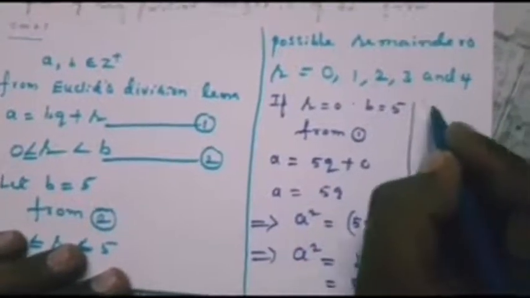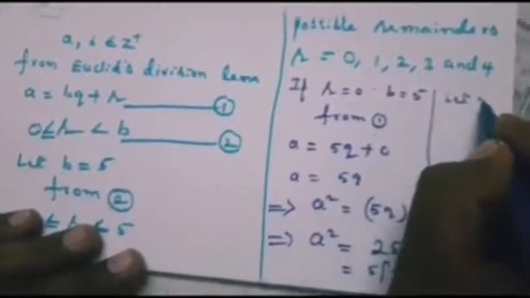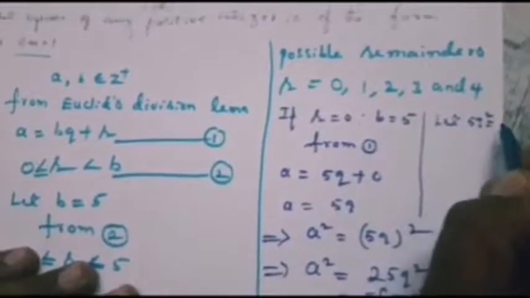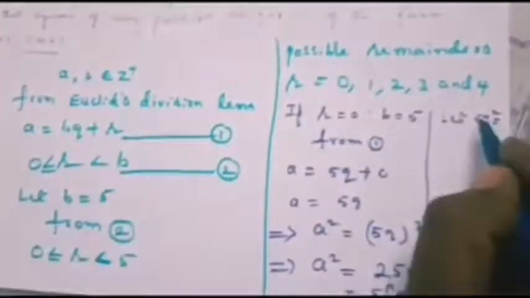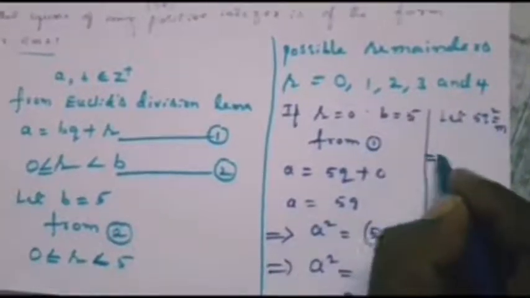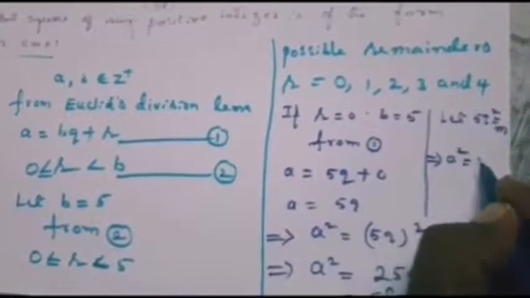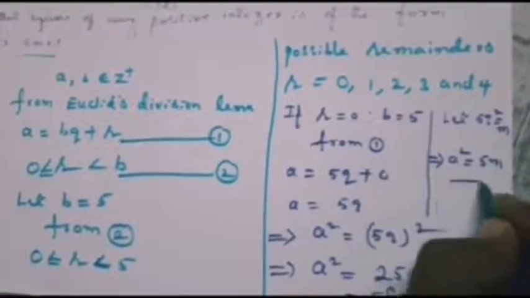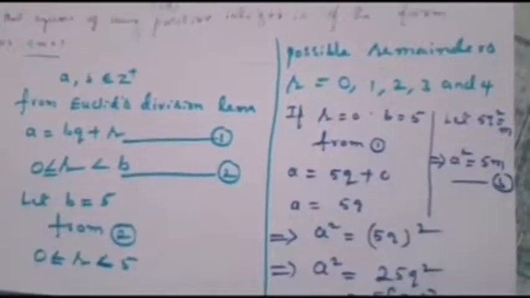If I assume that 5q square equals m, then a square equals 5m. I got the first one.